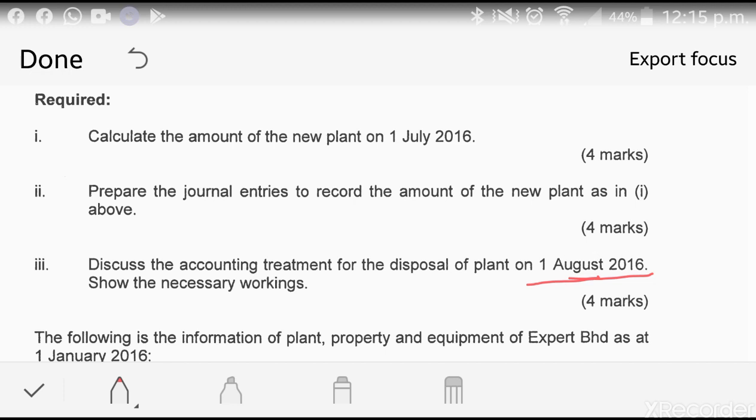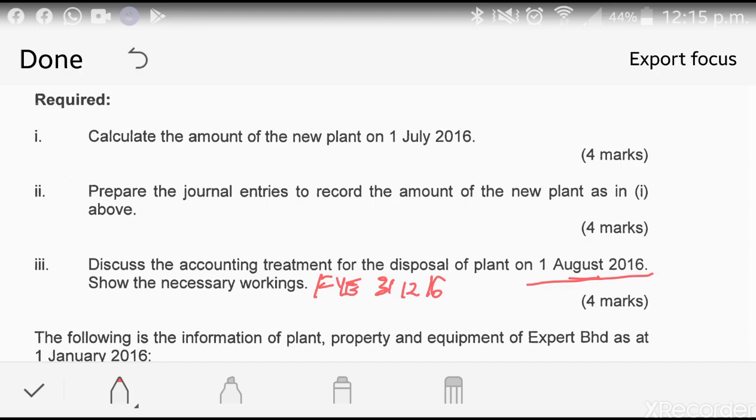Before you can discuss this, bear in mind that the financial year ends on 31st of December 16. In that year, you need to take into consideration what happened in that year, not only the costs that are related to the asset disposed, but also the depreciation.